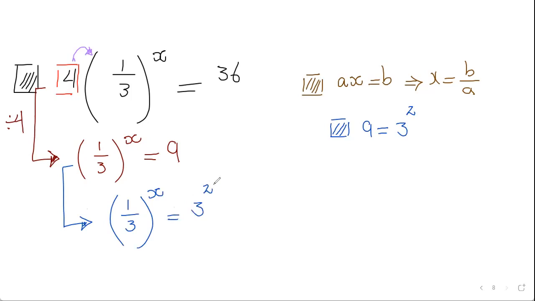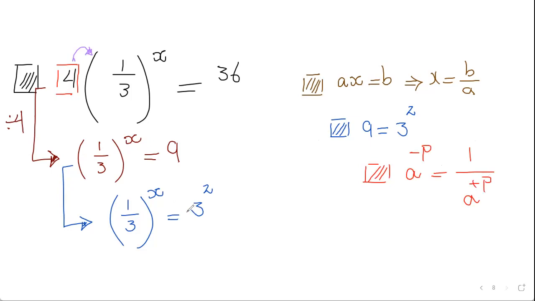Still there's a problem. On one side, the base is 1/3. On the other side, the base is 3. It reminds you of this identity again: if you have a base with a negative exponent, you can bring it to the numerator with the positive exponent.